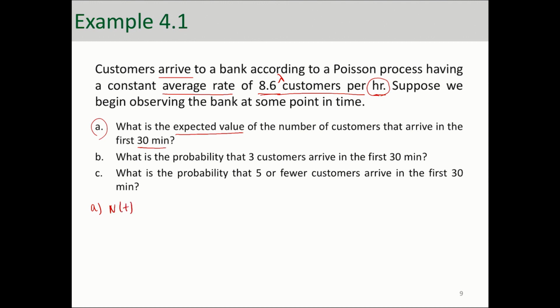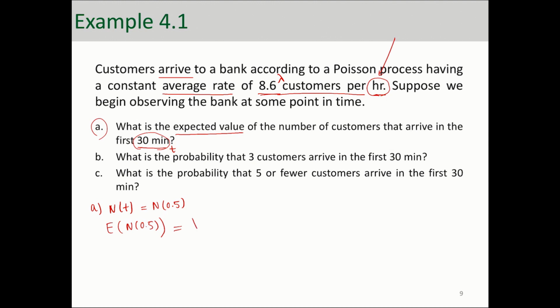In this case, it looks like our t is 30 minutes. If we want to keep everything in terms of hours, because lambda is given in terms of hours, this is going to be N of 0.5, right? Because 30 minutes is 0.5 hours. So N of 0.5 is a random variable, and what we're going to do here is calculate the expected value. Expected value of N of 0.5.